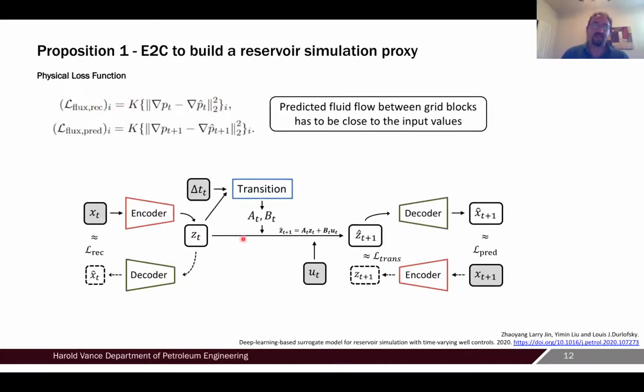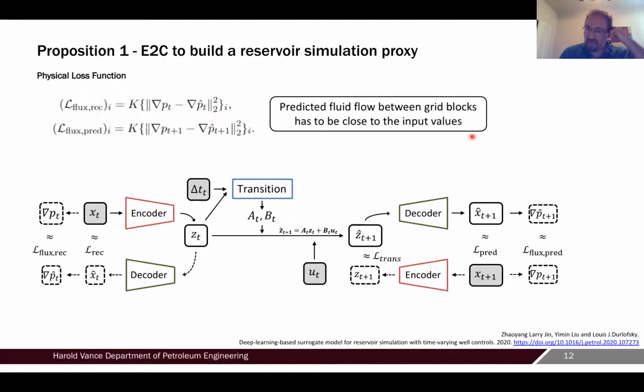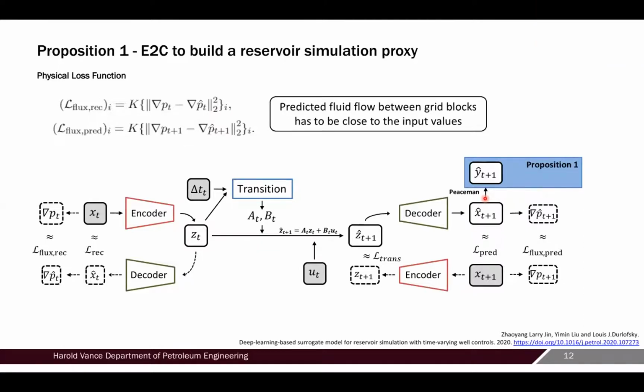Okay, and that's basically operating on these loss functions here. Okay. However, if you look at the paper, they're actually only estimating what is the next state. The next state. And as I mentioned to you, the output is actually given by the Peaceman equation, which is not ideal. Okay?